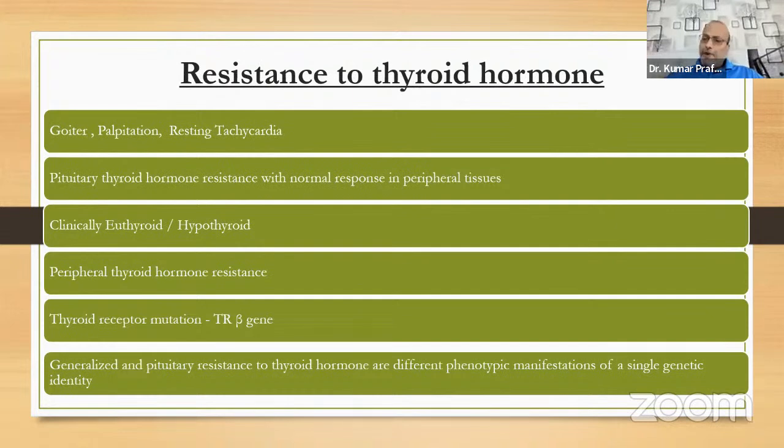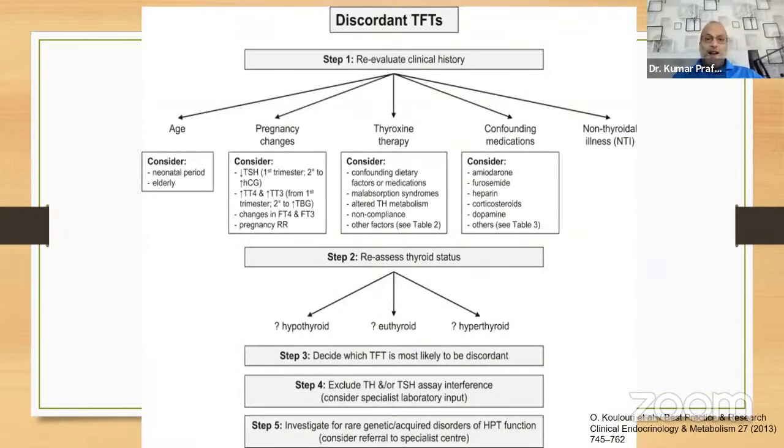There may be peripheral thyroid hormone resistance, in which you will see clinical features of hypothyroidism in the background of increased thyroid hormone level. So in all these conditions, we need to correlate the things clinically. And at the end, I would like to discuss the discordant thyroid function test, which is when thyroid function is not responding to the clinical scenario.